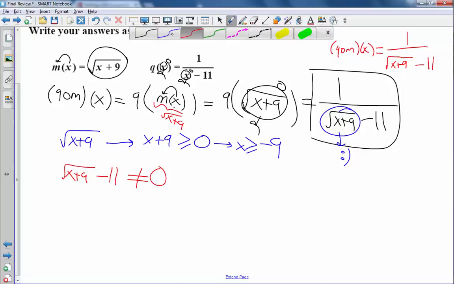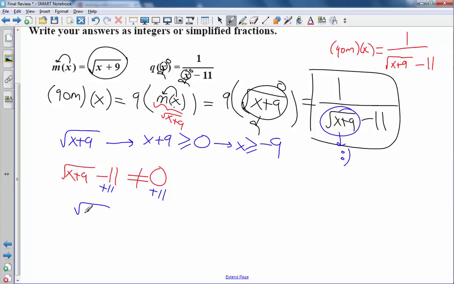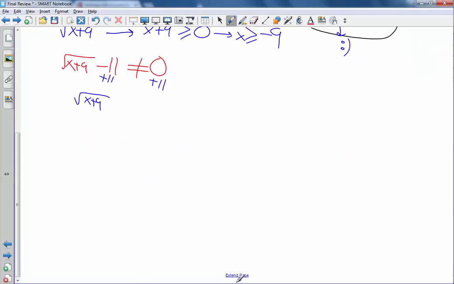Well, I will just solve this as if 0, and in the end I will just say not equal 0. So add 11 to both sides. Look, I'm just solving this as if it's an equal sign.